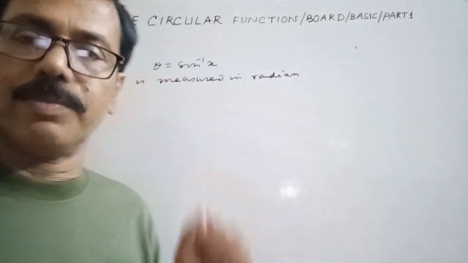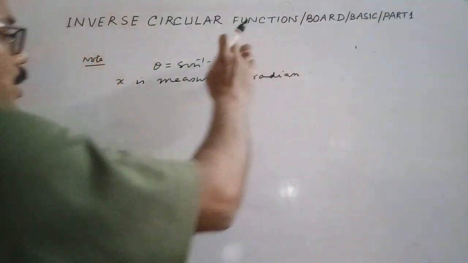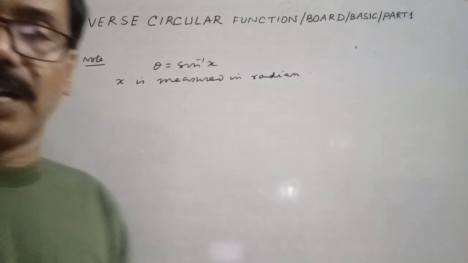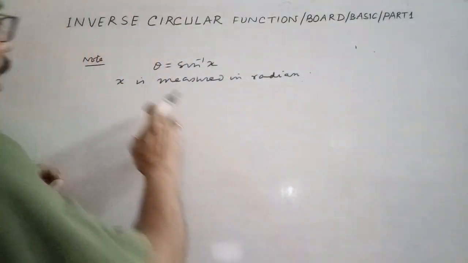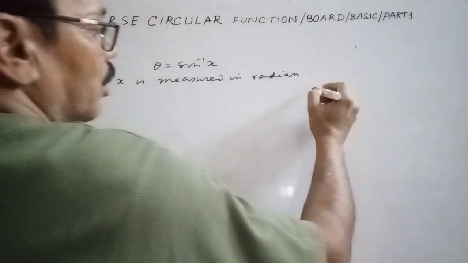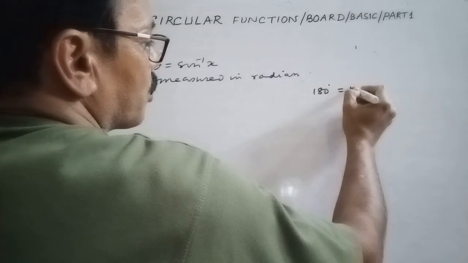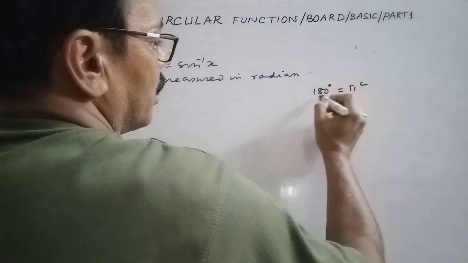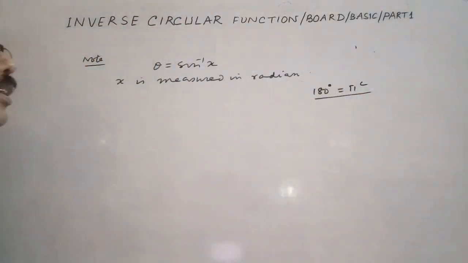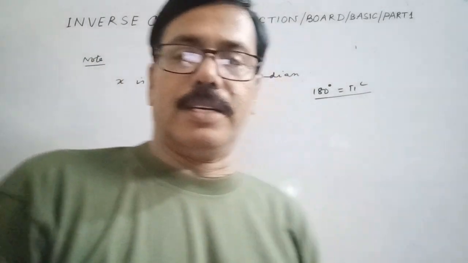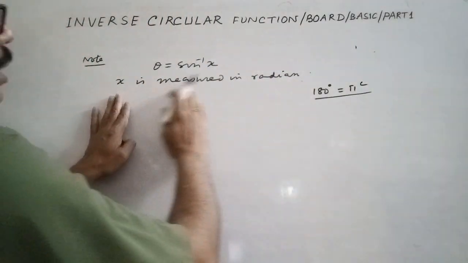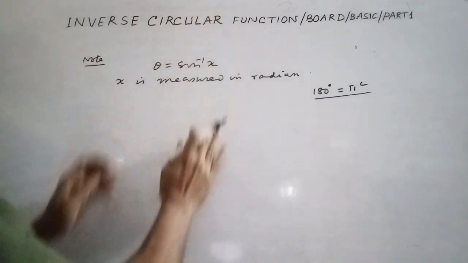This is the sexagesimal system. If it is measured in radian, then it is the circular system. Here the angle is measured in radian. What is the relation? If it is in terms of degree, we transfer it in terms of radian. 180 degree equals pi radian. So it is measured in radian. That is, in the circular system.